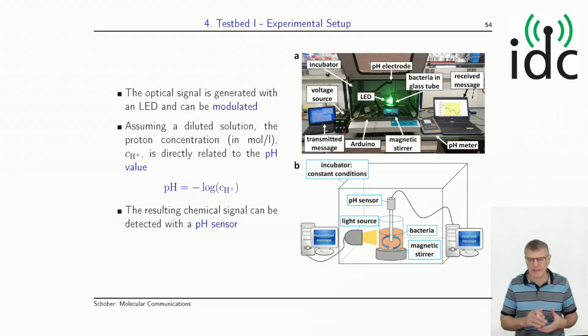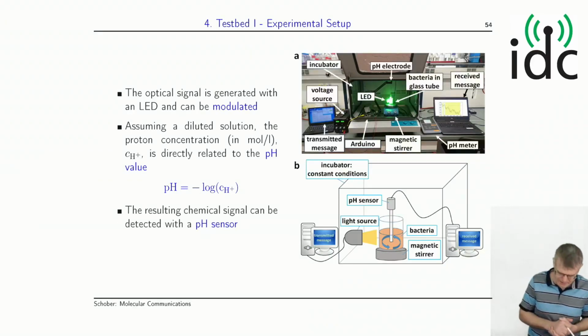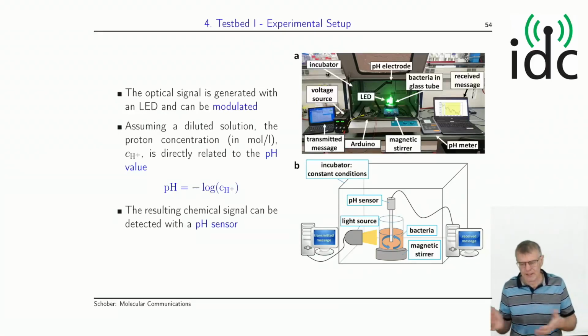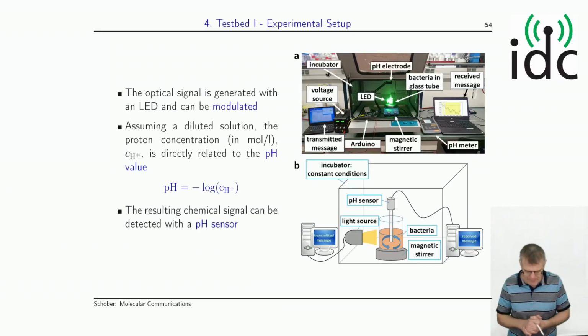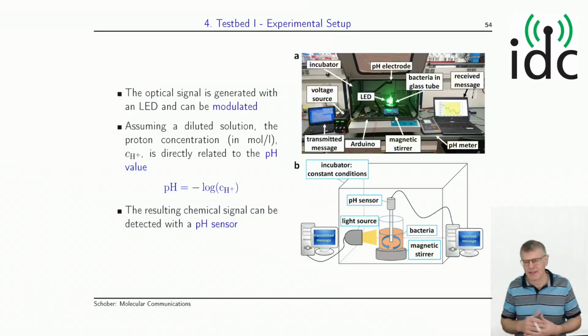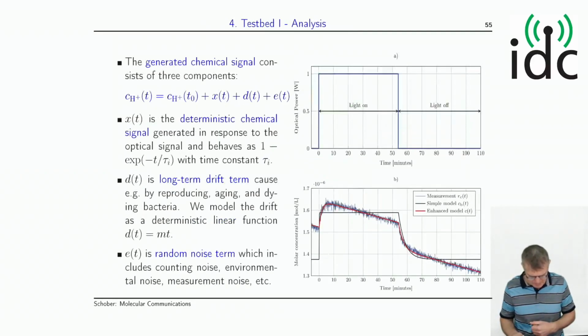Our receiver is an electrical pH sensor, and the pH value is connected to the concentration of the protons, and therefore we can measure the concentration of the protons, and this is our received signal here. So this is the setup.